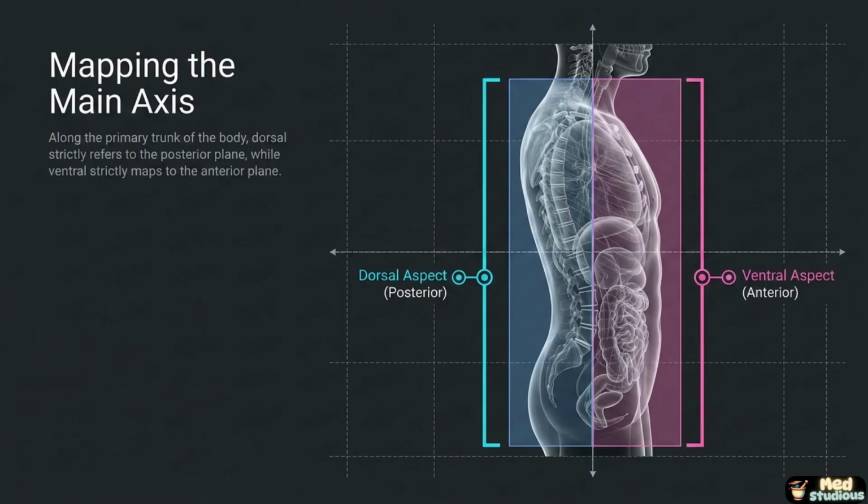This clean posterior dorsal and anterior ventral pairing is the default mapping that applies throughout the trunk and most of the limbs. Mastering this simple axis makes it dramatically easier to interpret anatomical diagrams, cross-sectional CT scans, and clinical descriptions. When you see dorsal anywhere near the trunk, think back. When you see ventral, think front.